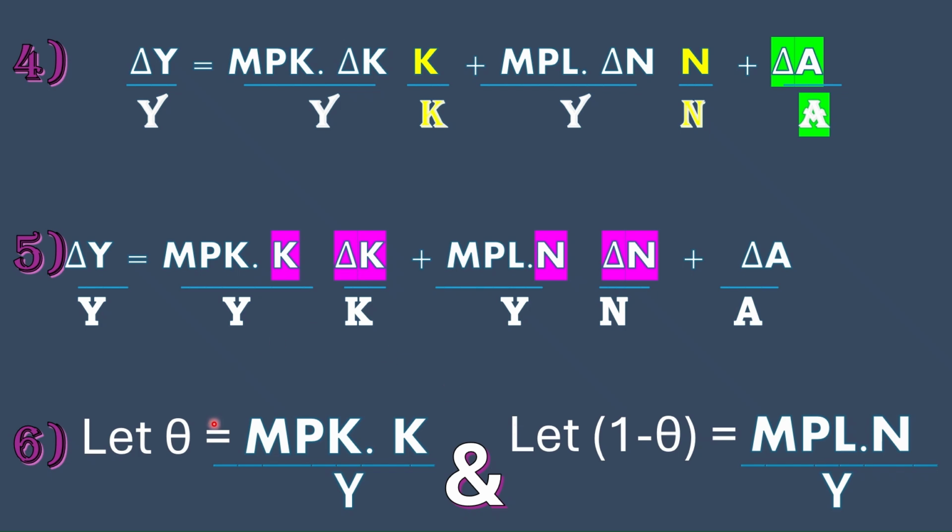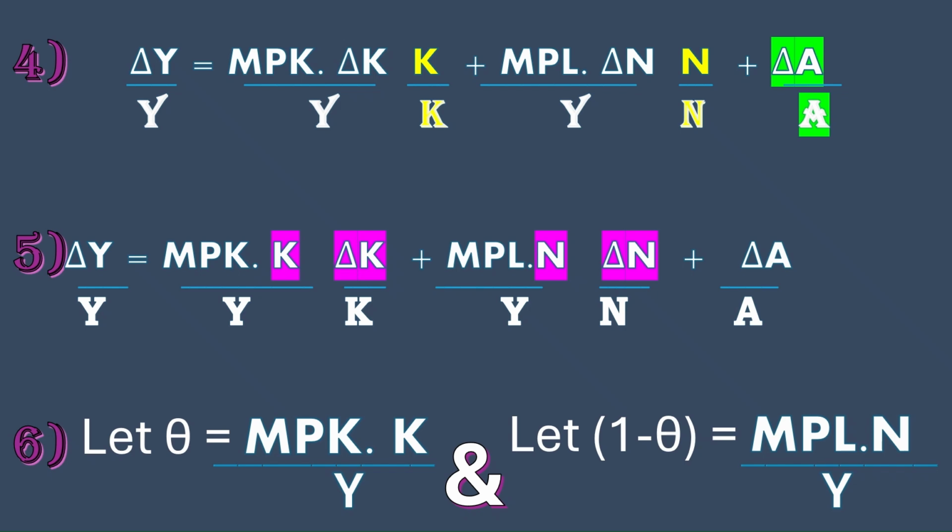The only thing you will change is, instead of saying let theta equal MPK times K divided by Y, you will say let alpha, let beta, or let 1 minus alpha, or let 1 minus beta, or anything of that sort, equal to MPK times K divided by Y and MPL times N divided by Y.